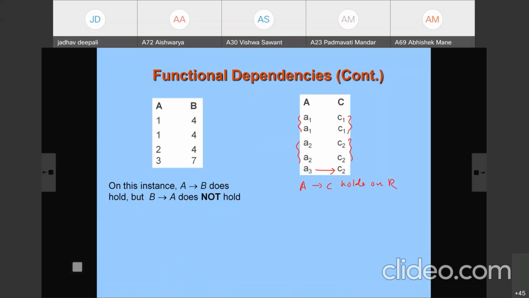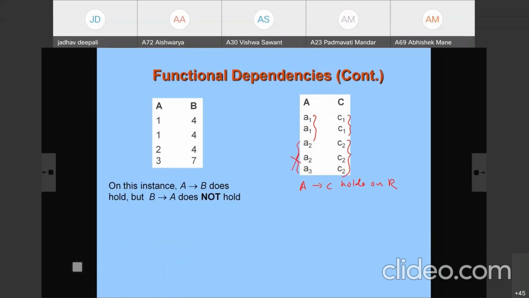But when we consider it in the opposite way, what happens here? These two tuples have the same value. Now these 3 tuples have the same value, but here it is not the case.